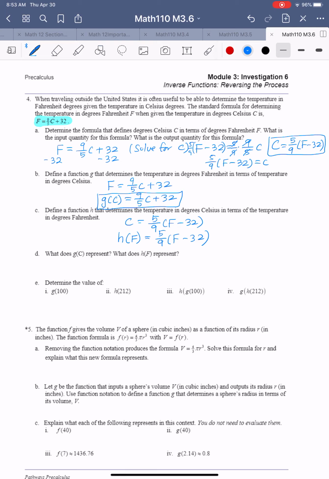So in D, what does G of C represent? What does H of F represent?